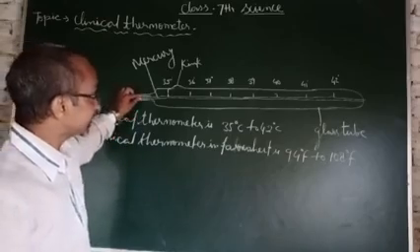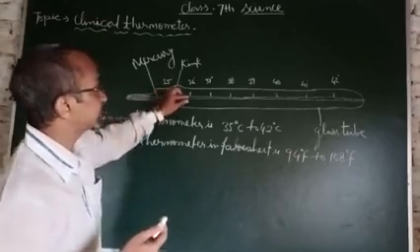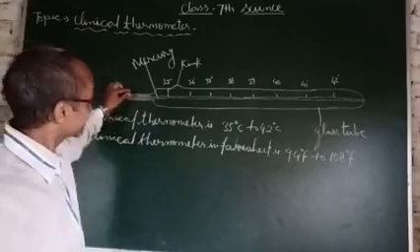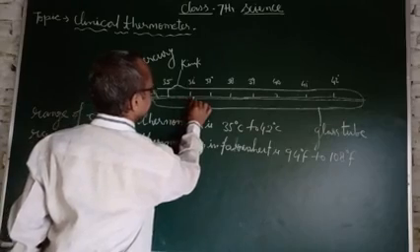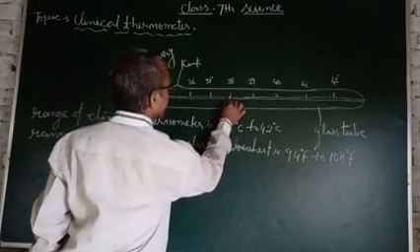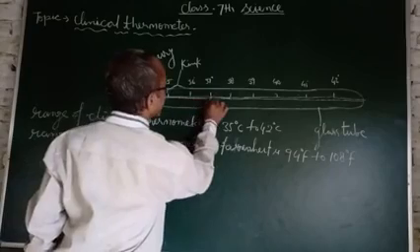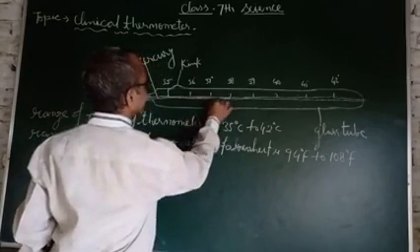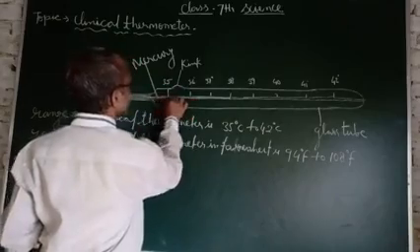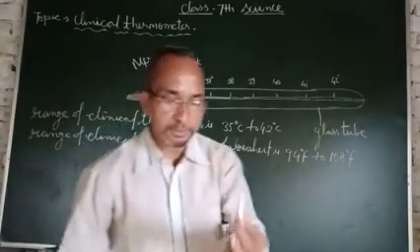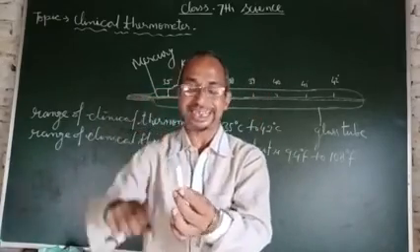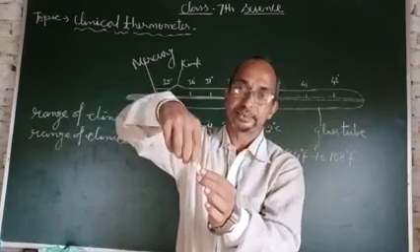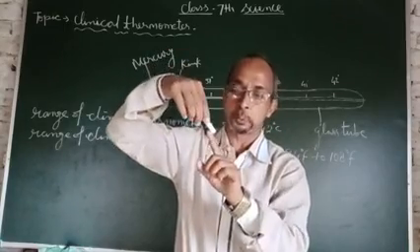As the thermometer absorbs heat, the mercury will move in the upward direction. Suppose the mercury reaches 38 degrees Celsius. You will take it comfortably and put it in the patient's mouth.